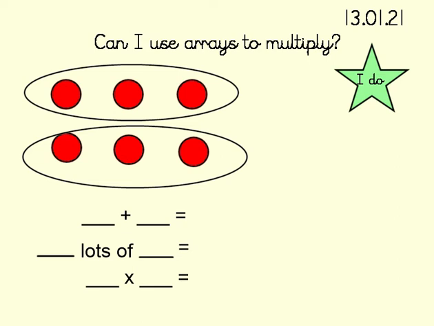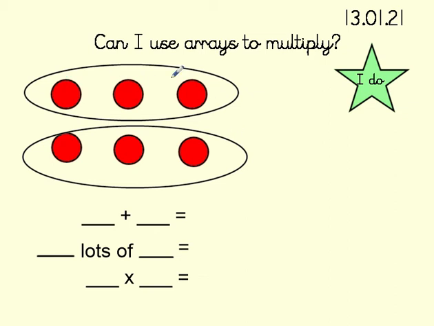Okay, let's get started. Can I use arrays to multiply? Let's have a look. Here is my array on the screen. I've already circled my array so that I've made two equal groups. So let's have a look.